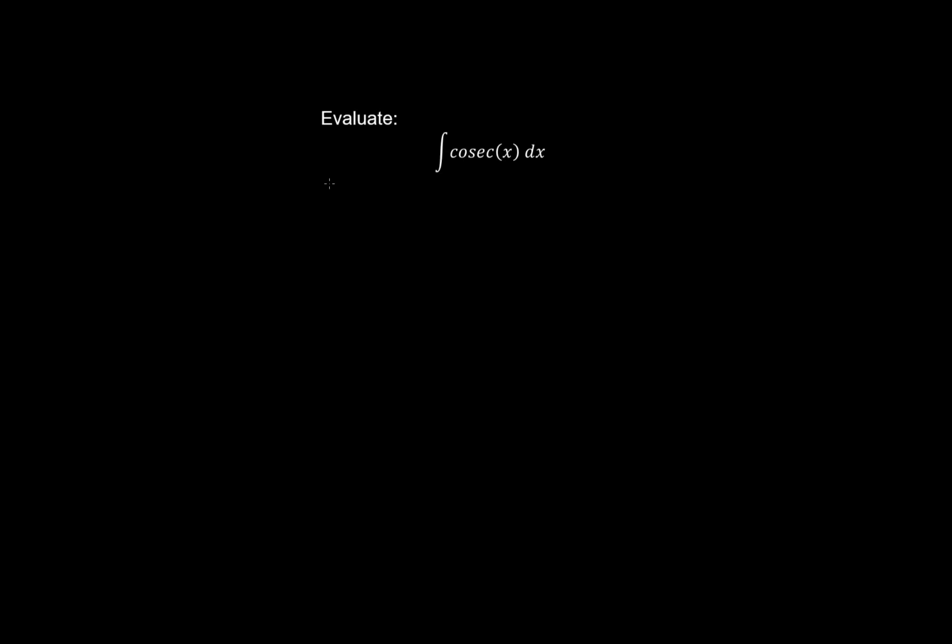Let's evaluate this integral. So if we use integration by parts, this integral is going to get more messy, because the derivative of cosec x is equal to minus the cotangent of x times cosec x. And we also know that the derivative of the cotangent of x is minus cosec squared x.